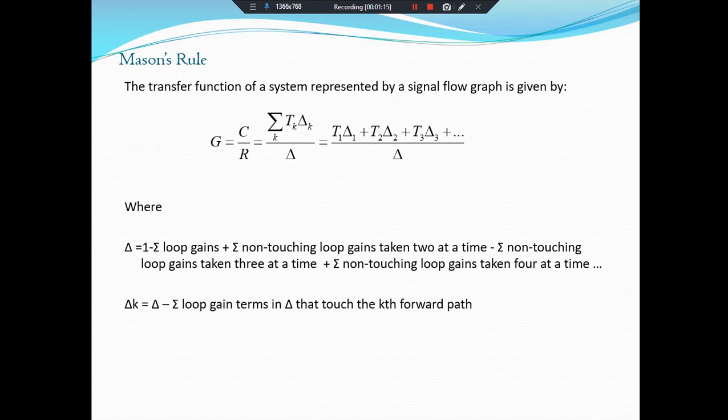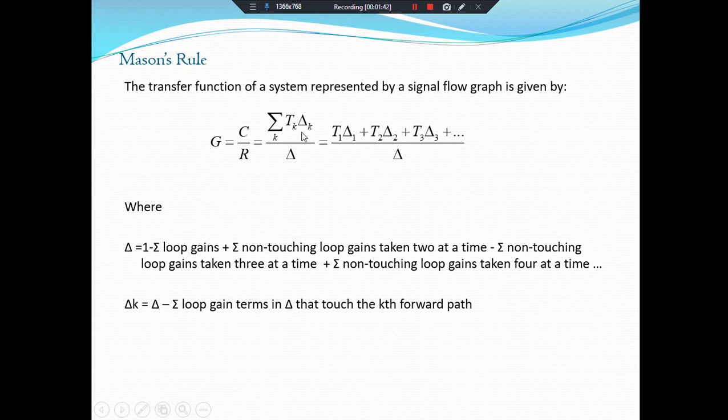If a signal flow graph has one forward path, 2, 3, 4, whatever the number of forward paths, we will sum these forward paths. Let's suppose we have 3 forward paths. We will write this as T1 delta 1 plus T2 delta 2 plus T3 delta 3 over delta.